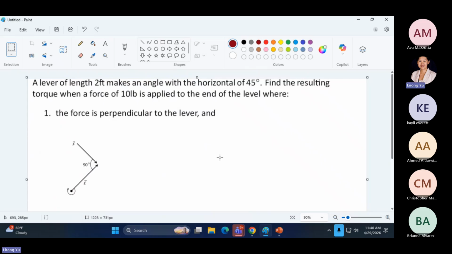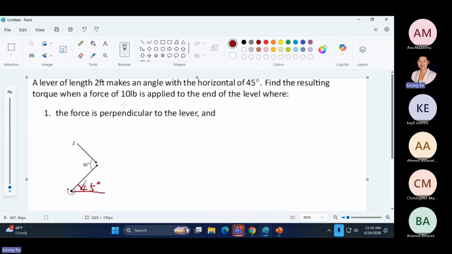According to the question, the lever, which is L, is making 45 degrees with the axis. So when you think about it, it would be this way. This angle is 45 degrees, and this length, this magnitude, is 2.